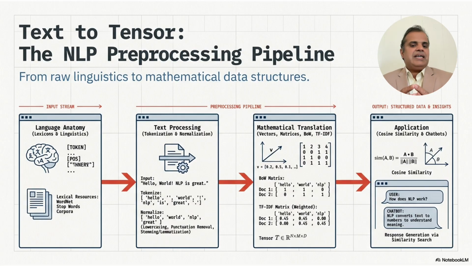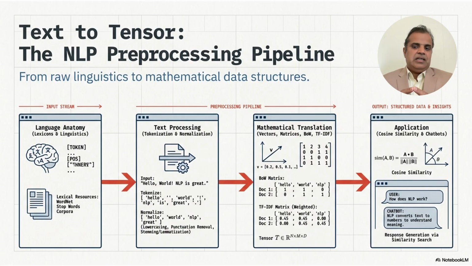We will start by examining the language anatomy, lexicons, and linguistics before moving into the text processing phase where we clean and segment our data. From there, we translate those words into mathematical data structures like vectors and matrices.